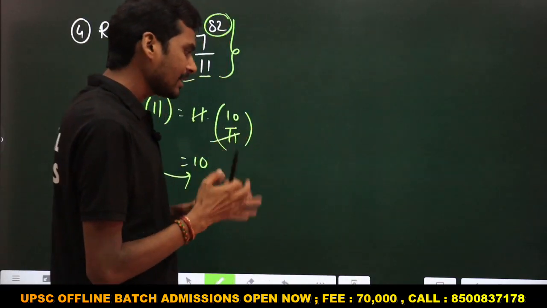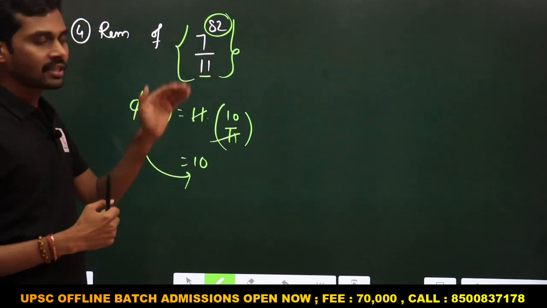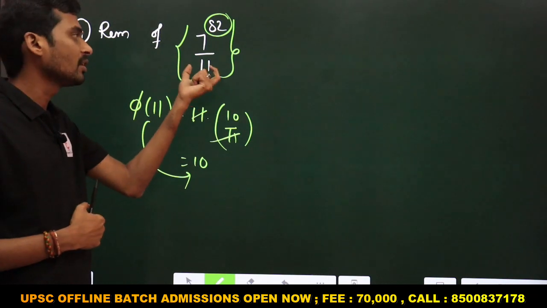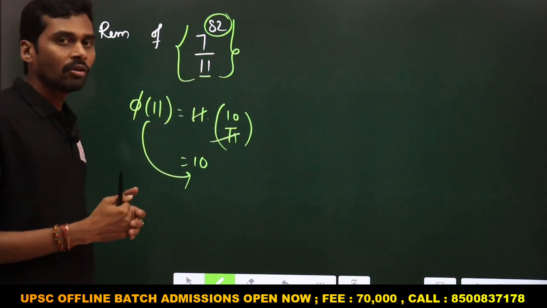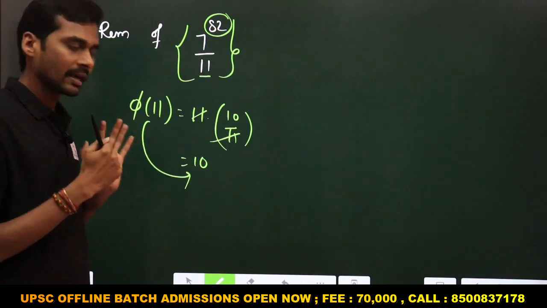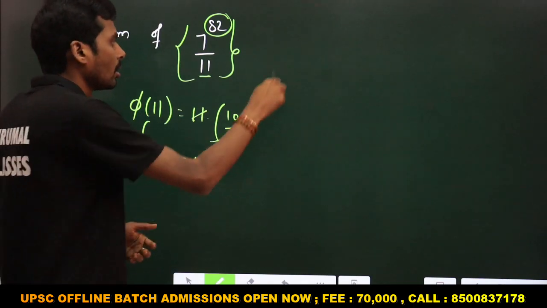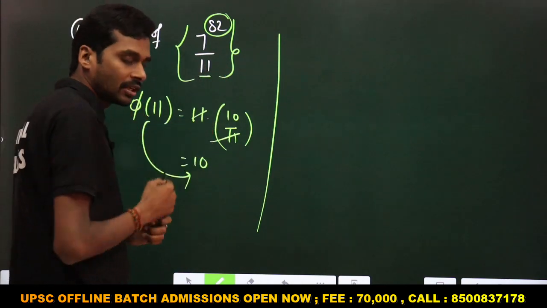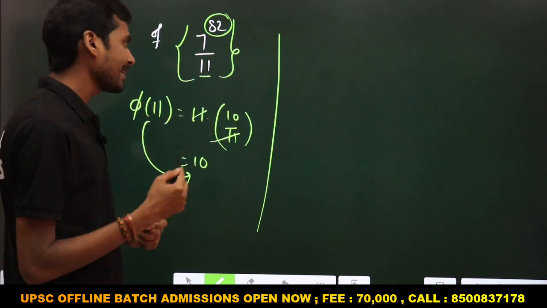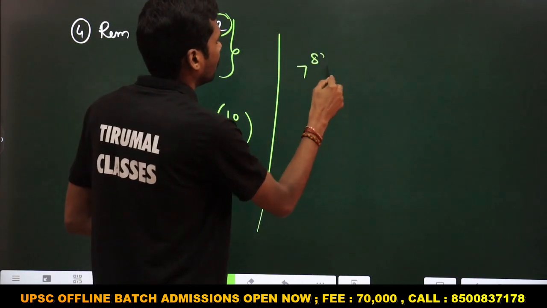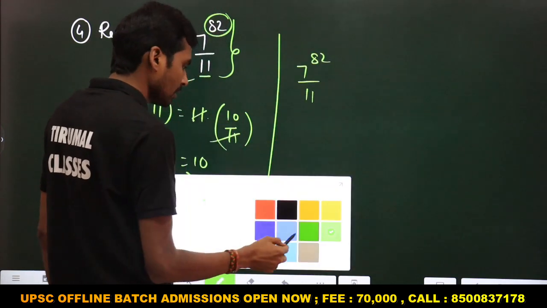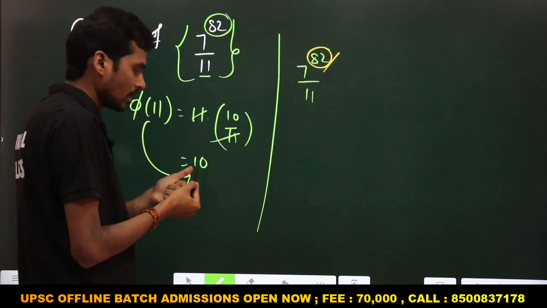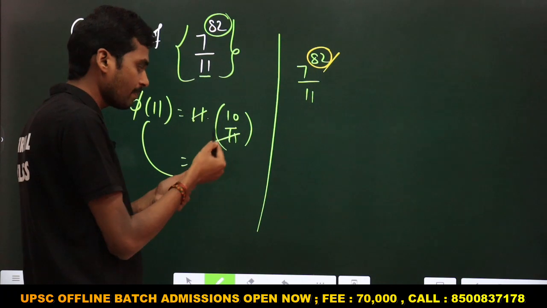Now the second condition: if the power of the number is not equal to phi, the totient of the denominator, then how do we find the remainder? You remember one thing here. The next step is, if the power is not the same as the totient of the denominator, immediately divide the power by the totient number.